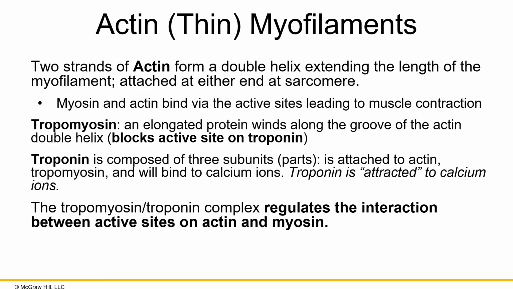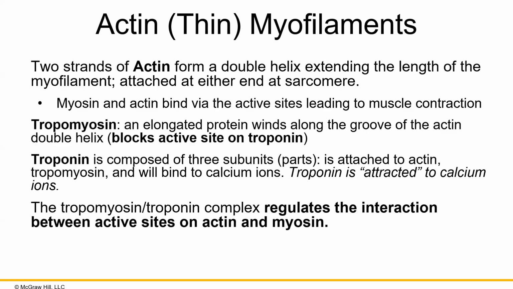So myosin and actin are going to bind with each other, and this can only happen at the active sites. But these active sites are not always available. So we have a couple steps to allow the active site to be open to myosin. So we have troponin and tropomyosin that are part of our actin strand.